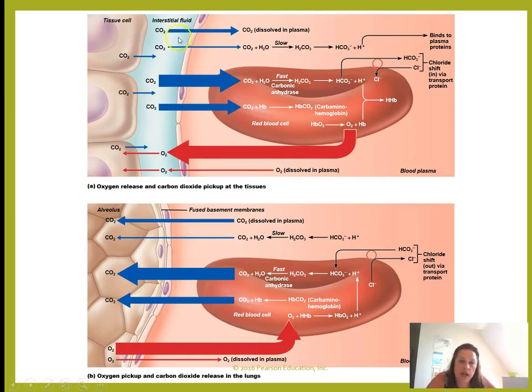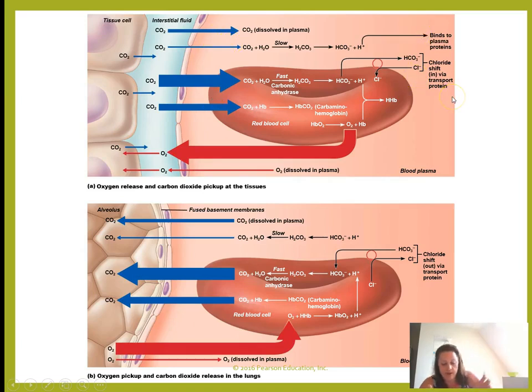And basically, these are little arrows. This is how the carbon dioxide is traveling from the tissues into the blood. This is how the oxygen is traveling from the blood into the tissues. Mostly on hemoglobin, some in plasma. These two, right? Carbonic anhydrase, a little bit in plasma, a little bit binding to plasma proteins.